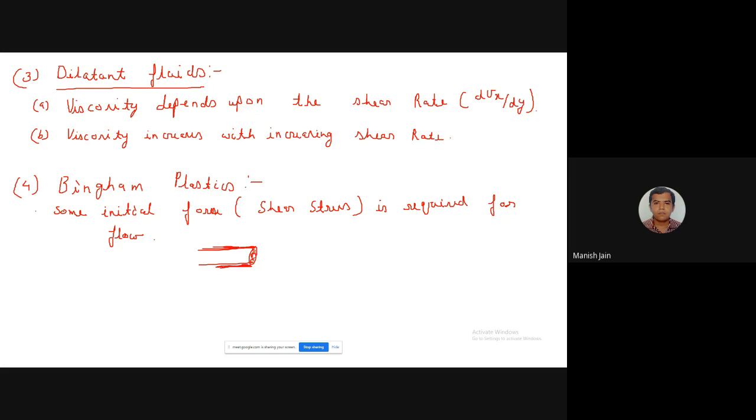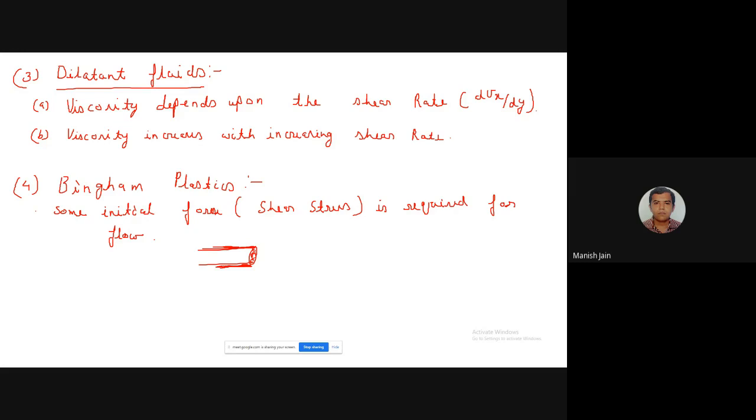The middle part has lesser shear stress, so it remains solid. Only at the boundaries, where the shear stress values are very high, it moves as a fluid.